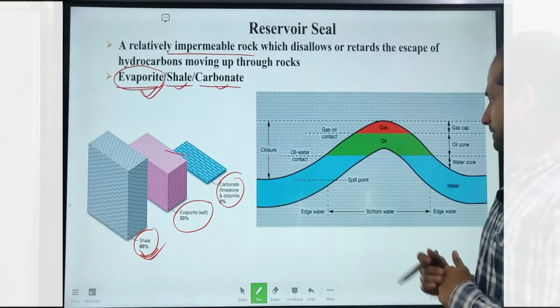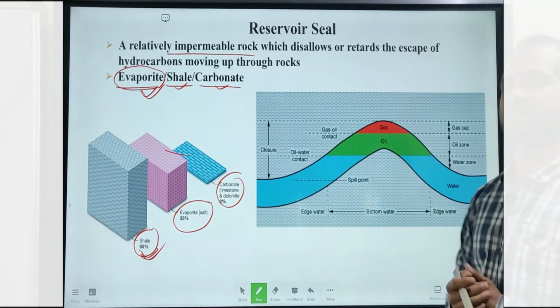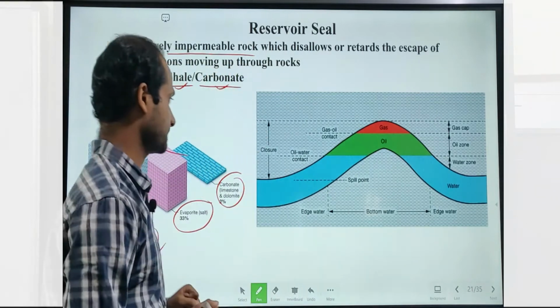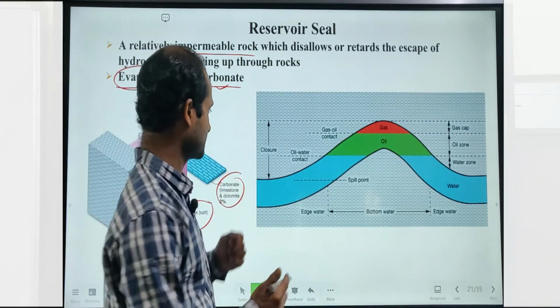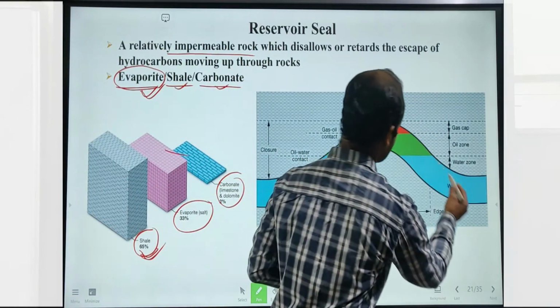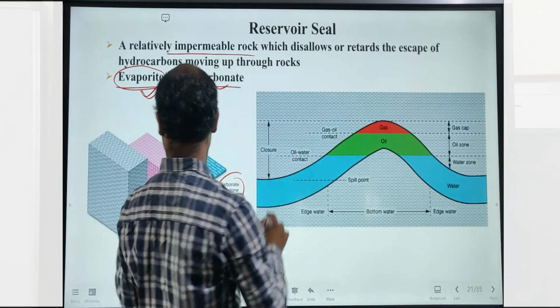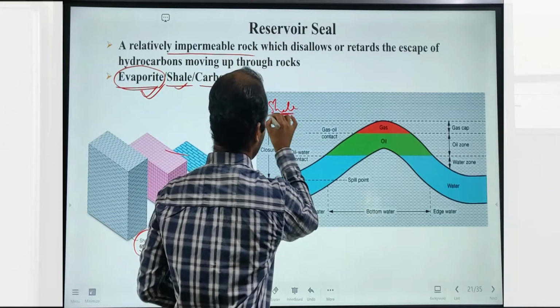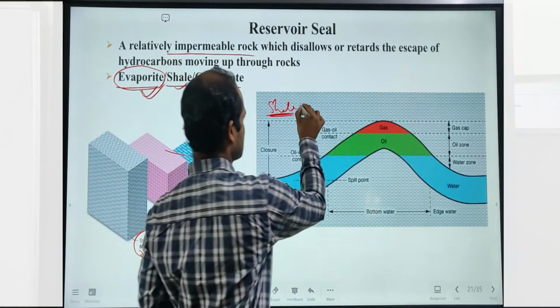In this pictorial representation we can see how the accumulation of hydrocarbon takes place. We can see this is an anticlinal structure. Over this is shale, which is acting as seal.